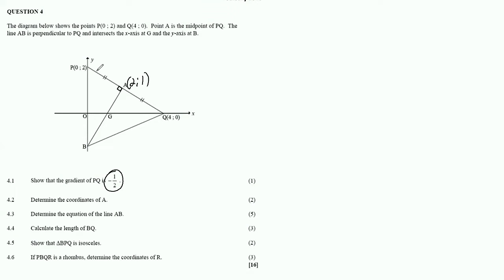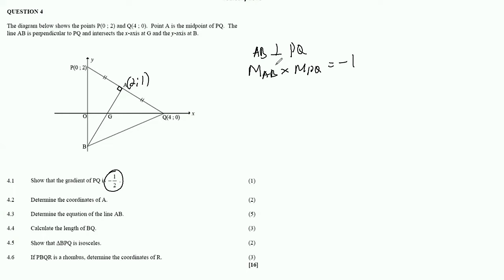We are told that AB is perpendicular to line PQ, so if we multiply the gradient of AB with the gradient of PQ, the product needs to be negative 1. Remember, if two lines are perpendicular, the product of their gradients is equal to negative 1.